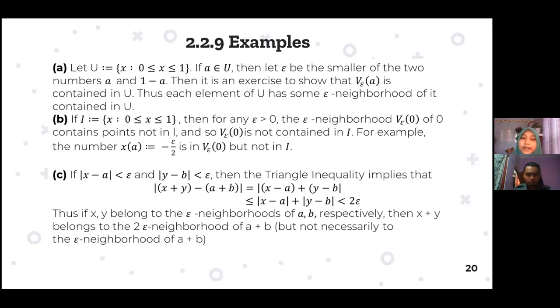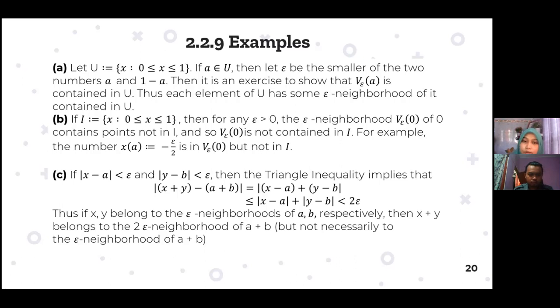For example, the number x_ε defined by −ε/2 is in V_ε(0), but not in I. Next example, if |x − a| < ε and |y − b| < ε, then the triangle inequality implies that |x + y − (a + b)| = |(x − a) + (y − b)|.